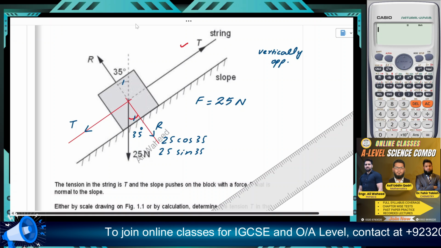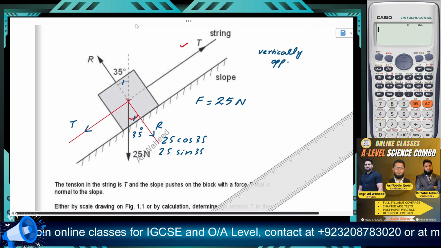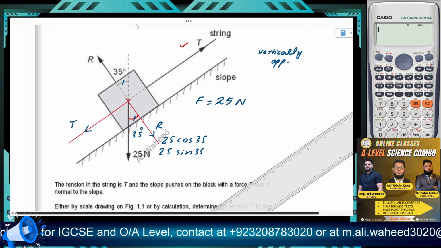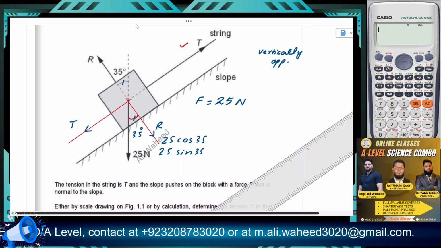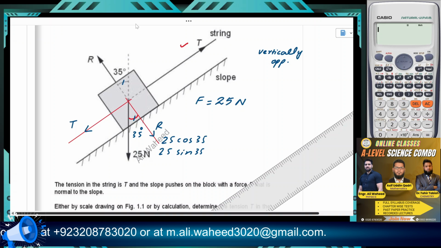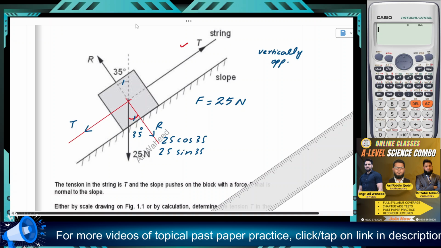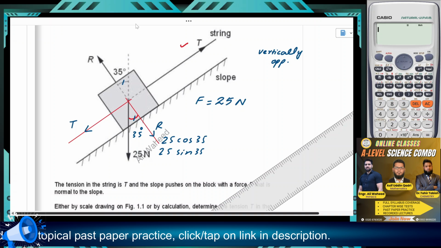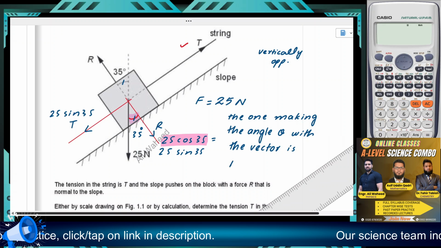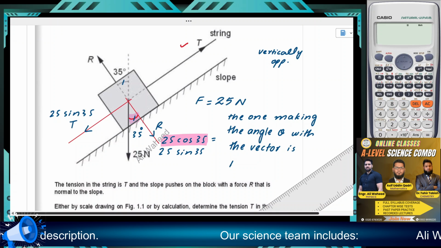So the rule of thumb is, the component making the angle, which could be any angle, making the angle theta means could be any angle with the vector, is the vector times cos of the angle.